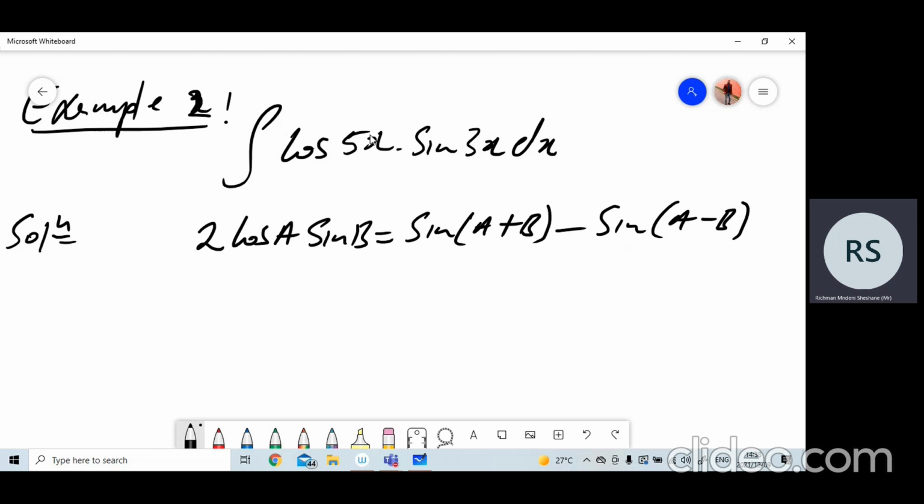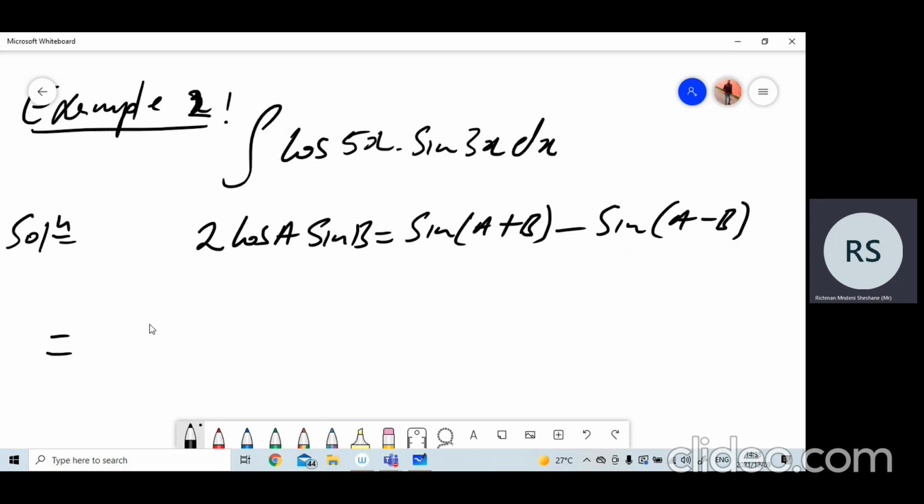Now I want to transform this from the product to the sum of sine using this formula. But I can't use this formula if I don't have 2 here, so I always need to introduce 2 if I don't have it.